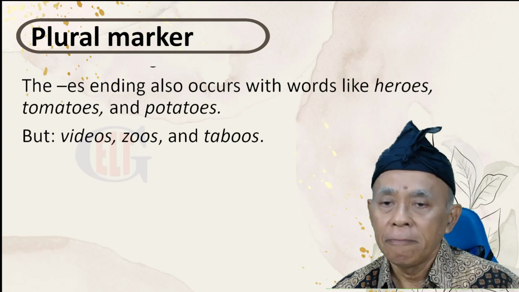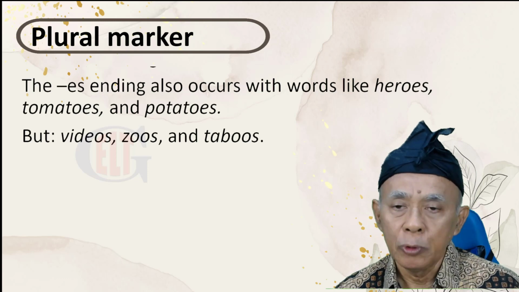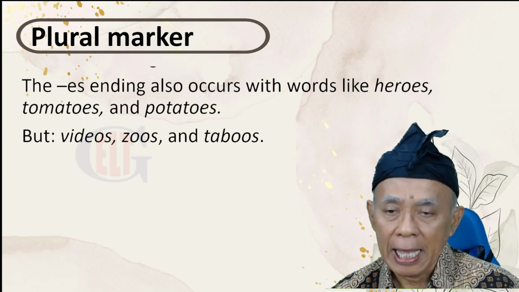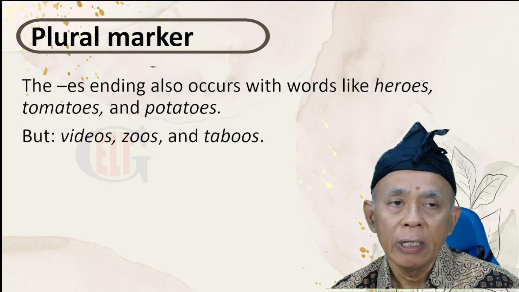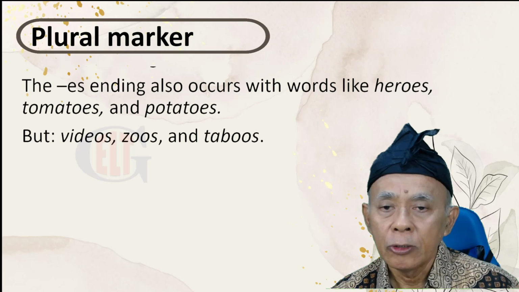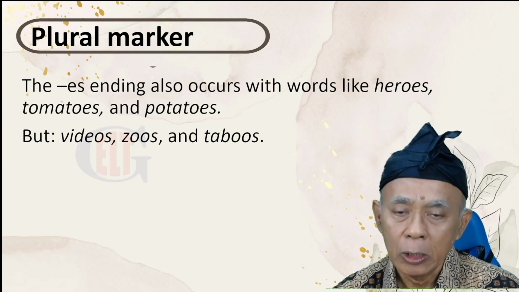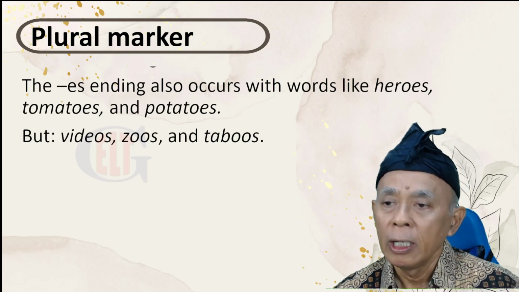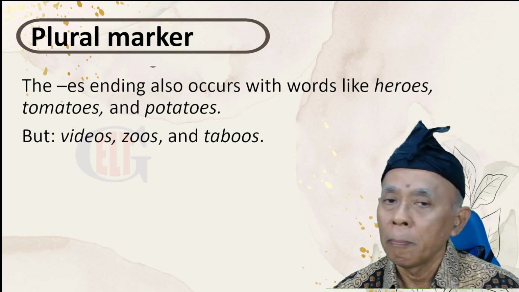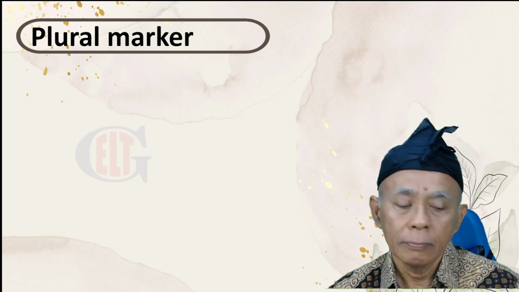But we have videos, zoos, and taboos, which are not written with es, but we just add s, because before the letter o, we have a vowel letter. In videos, we have the letter e. In zoos, we have the letter o before the last o, and that's also the case in taboo. We have just taboos, plus s, no es.